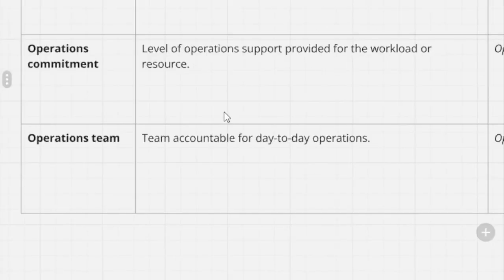You can differentiate all that with tags that will help you understand the cost that each of those business units are spending inside Azure, just to make sure that's appropriately designated on the finance side, as well as understanding who owns this particular product. Operations commitment: level of operations supported, provided for the workload or resource.